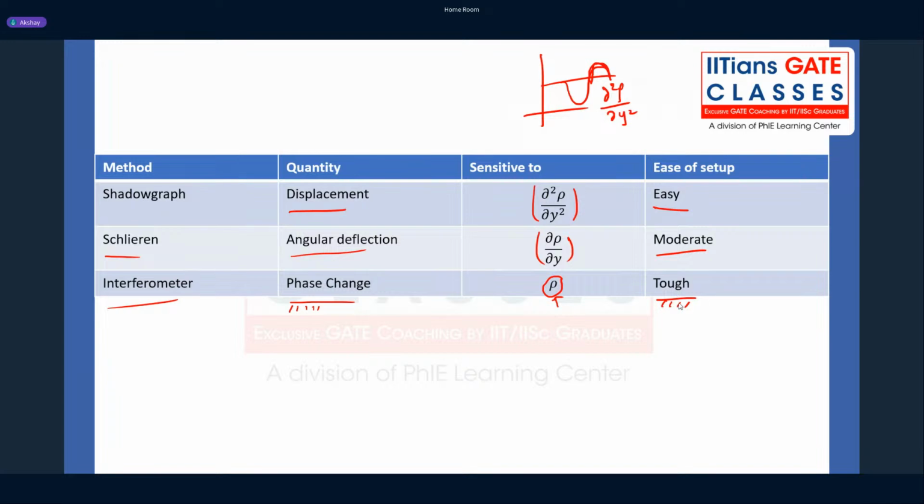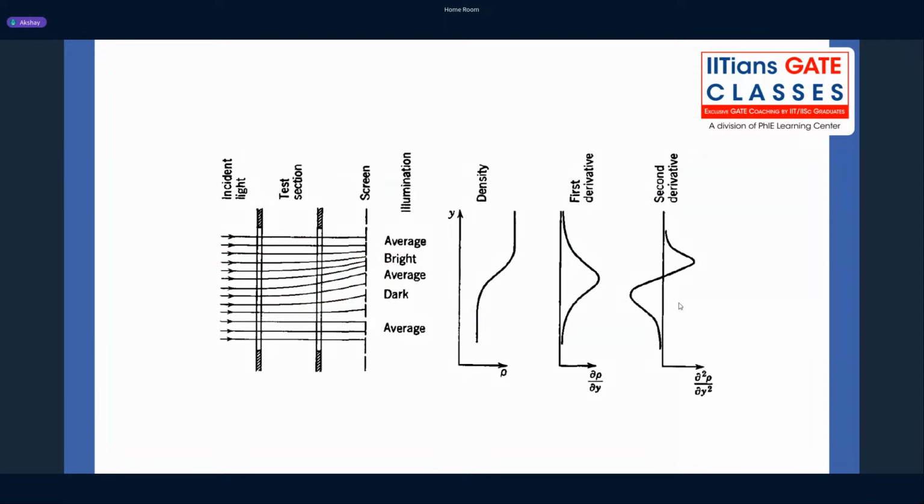Okay, so now let us see. In textbooks, you are going to see these kinds of graphs. You see, this is the second derivative. This looks like this, and that is what the dark and bright bands represent, right? The first derivative always looks like this, and the density actually changes in this direction. You have a constant density to some extent, and there is a sudden change in density and again constant.